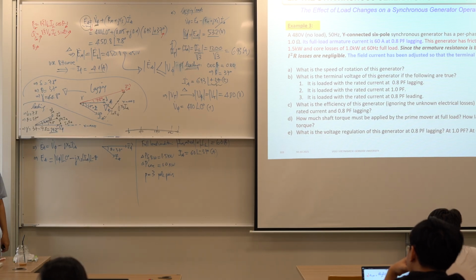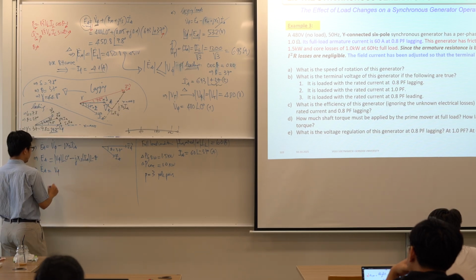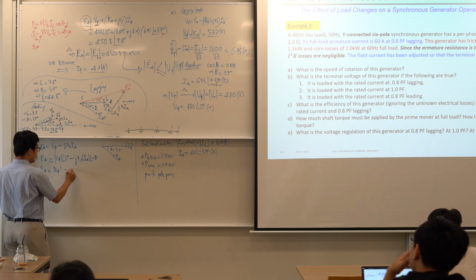Do you repeat me? Yes. Okay, continue. So we have EA is, we just ignore minus JXS for now.